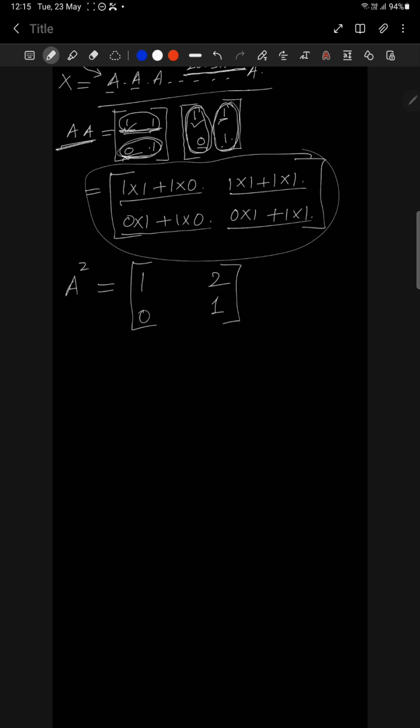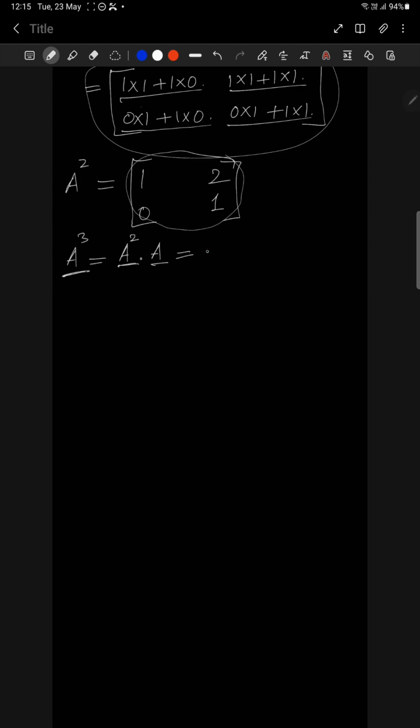Alright, let us find a cube. We can write a cube as a square into a, means matrix multiplication of a square with a will give you a cube. So let us write first a square, which we have calculated just now.